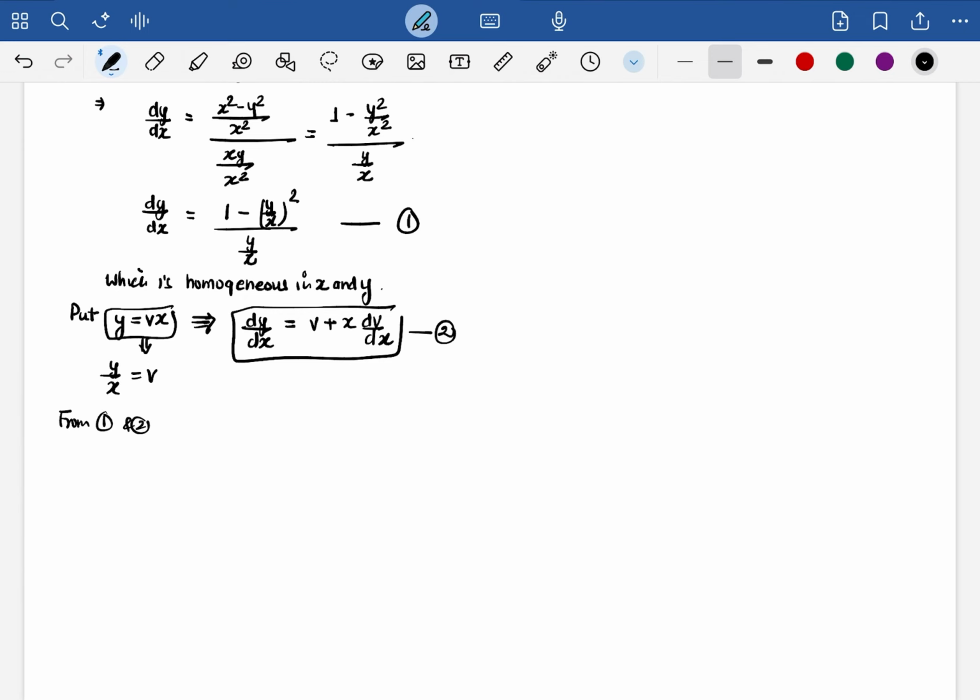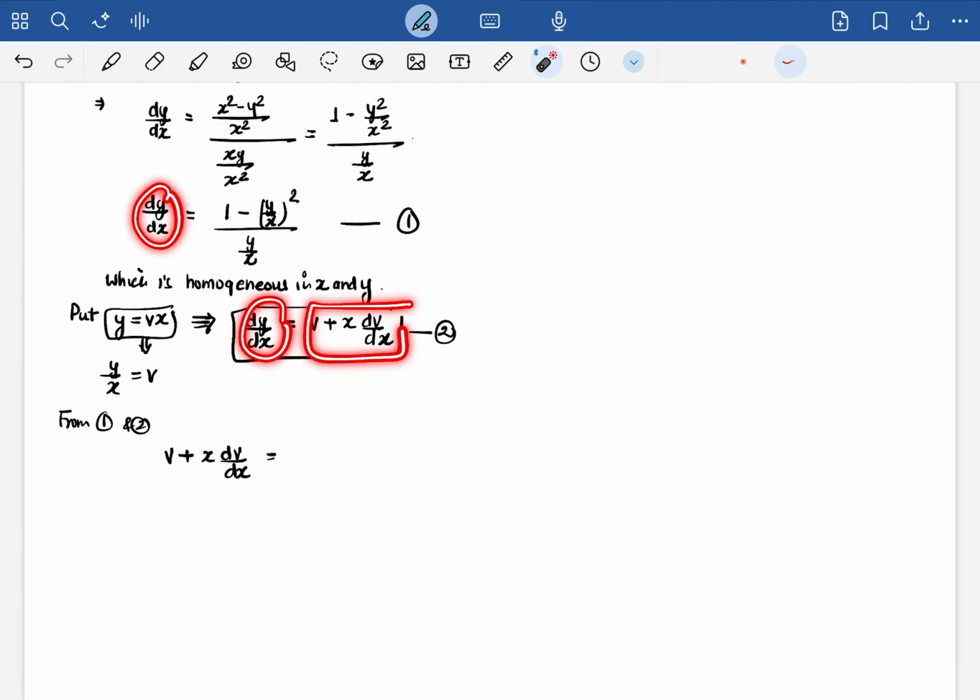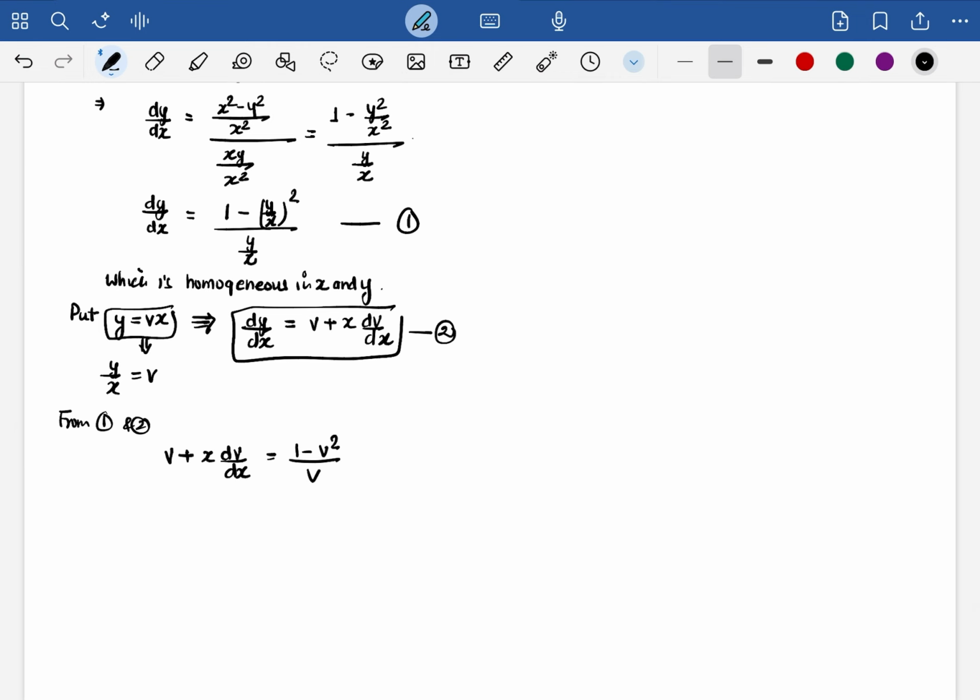From equation 1 and 2, can we say v plus x dv by dx? We have replaced the left hand side dy by dx using this, and now let's talk about the right hand side. So what is y by x? This is nothing but v. So can we say (1 minus v square) divided by v?